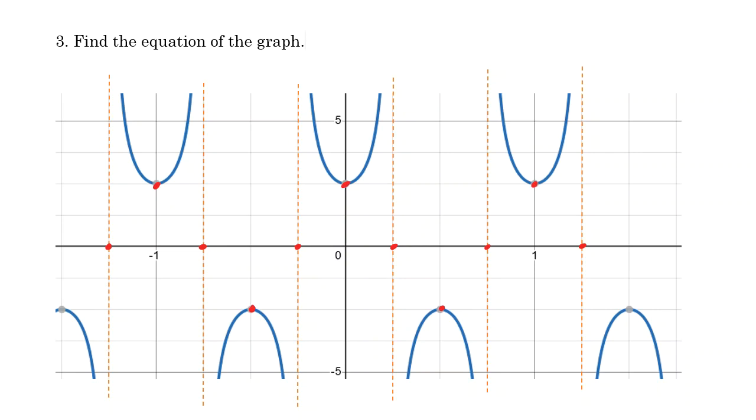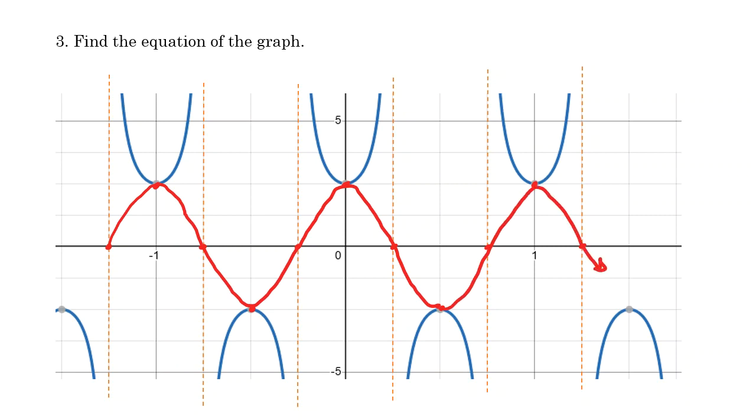So I can start to see where my sine or cosine graph is going to go like this. So if we can find the equation of this red graph, then all we have to do is change to the reciprocal function, and we'll have the equation of the blue graph.